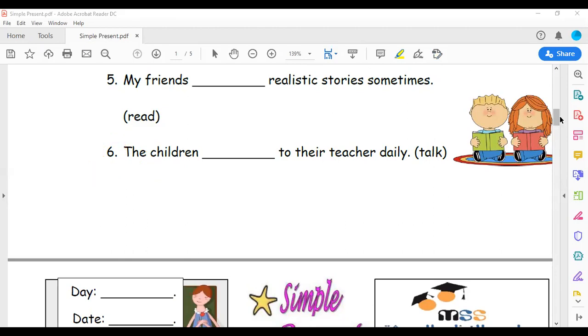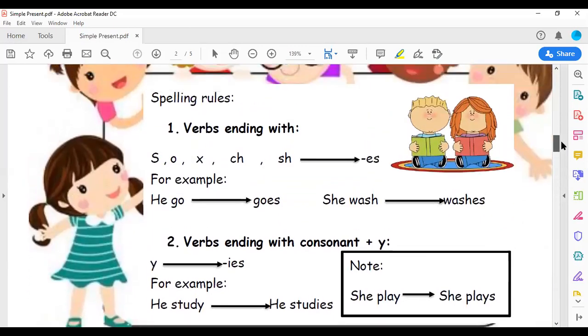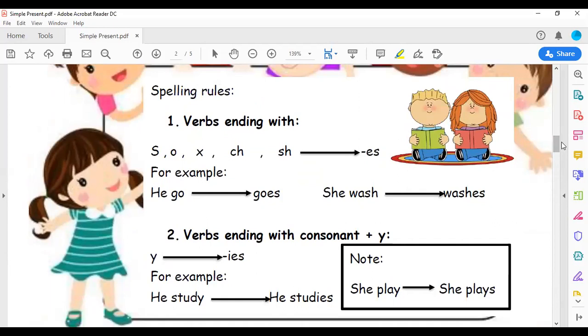Okay. Worksheet number 2. It's about the spelling rules. Remember when I told you that you're going to have a worksheet that tells you the ending with the verbs? This is it. So, spelling rules. 1. Verbs ending with S, O, X, ch, sh. What do you do? You put es to it.